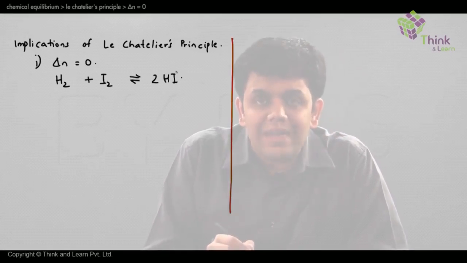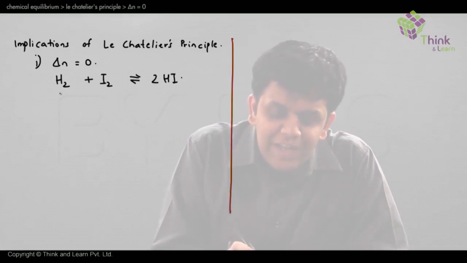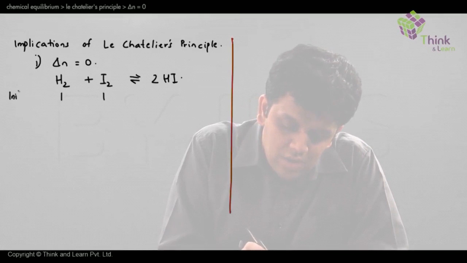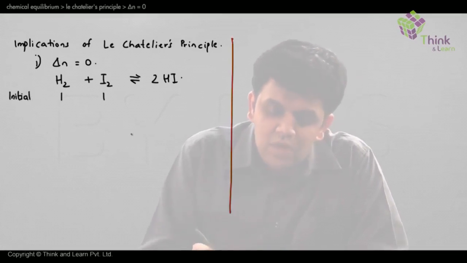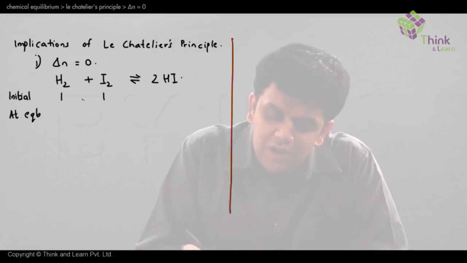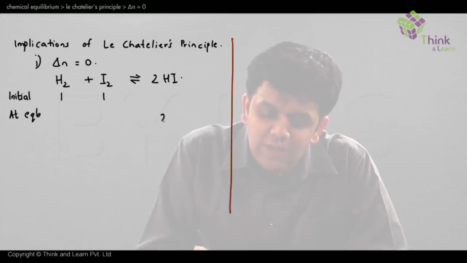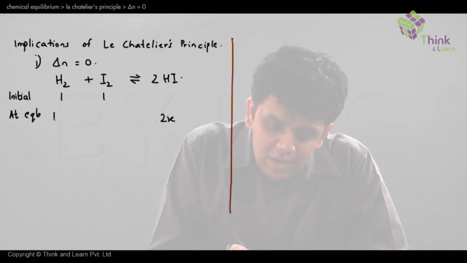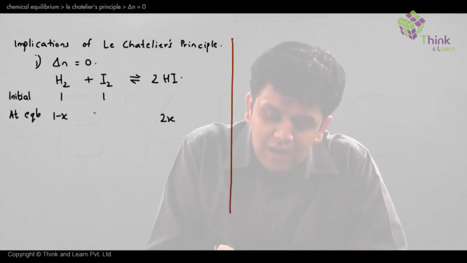Let us, for clarity of concept, assume that there are initially 1 mole and 1 mole of hydrogen and iodine. Now at equilibrium, if we assume 2x moles of hydrogen iodide to be formed, then 1 minus x moles of hydrogen will remain.